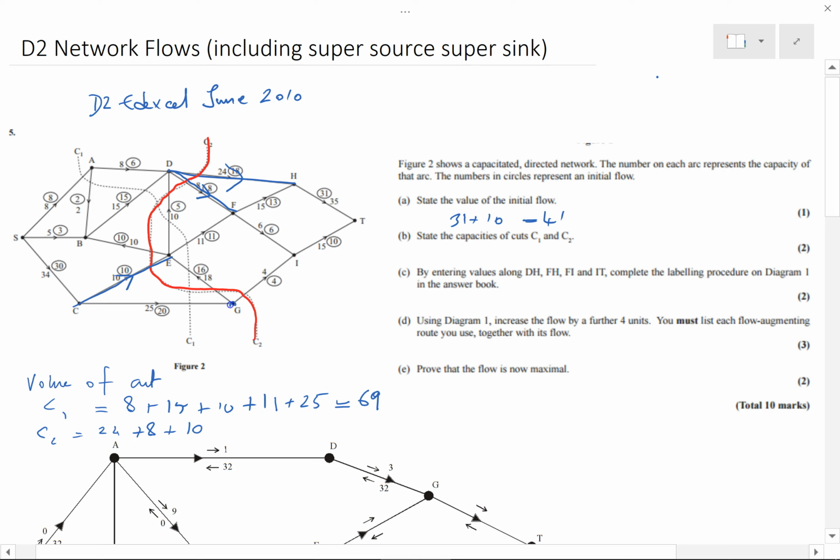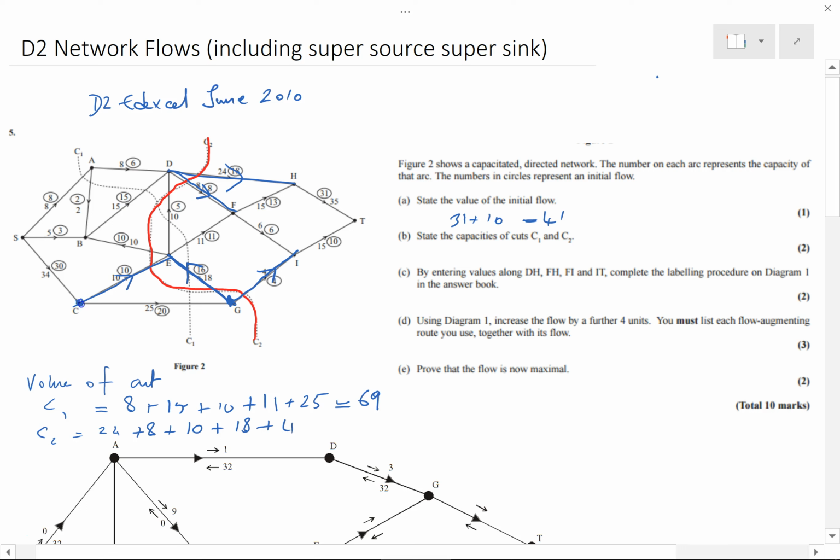Okay, this one doesn't count here because it's going from... oh yes, it does. It's very easy to, because it's going in the other direction, be tempted to think it doesn't contribute to the cut, but of course it does. So that's plus 18. And this one does as well. That's plus 4.